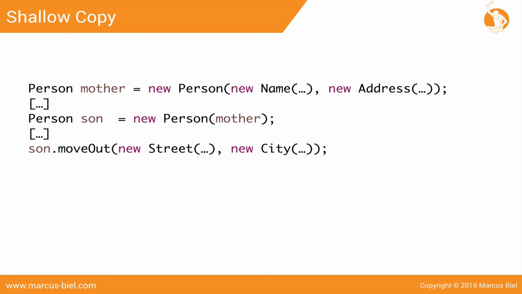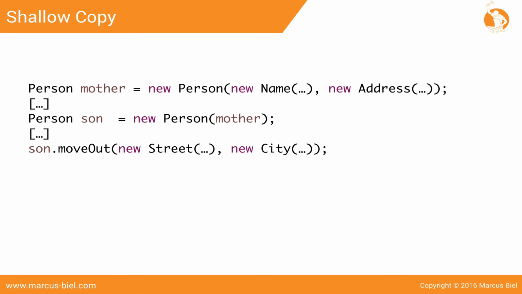To better understand what actually happened, let's revisit the code. Can you figure out what's wrong? Pause the video and think about it. Okay, so the issue is that in the moveOut method, we directly changed our internal address object by replacing its street and city objects.